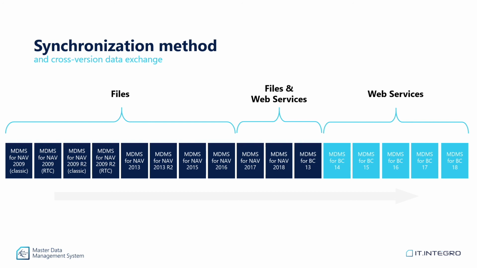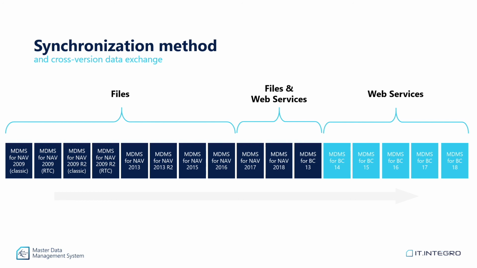After the migration to the app version, we use only web services, as you could see on the demo provided by Max. So if you are on the version between NAV 2009 until Business Central 13, where you can use files, you can exchange data with no issues via files.